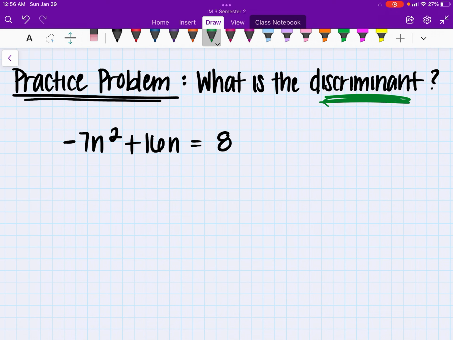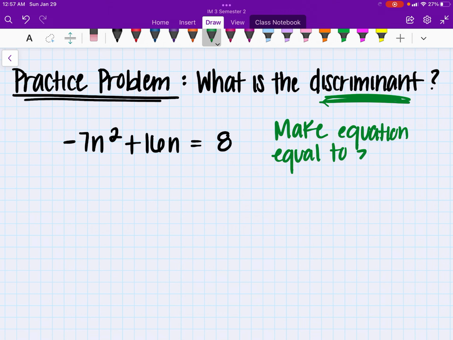Now, before I check for the discriminant, we do have to make the equation equal to 0. So I am going to be moving, in this case, this 8 to the other side.